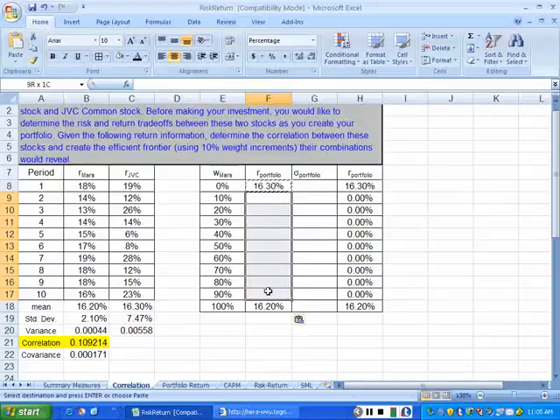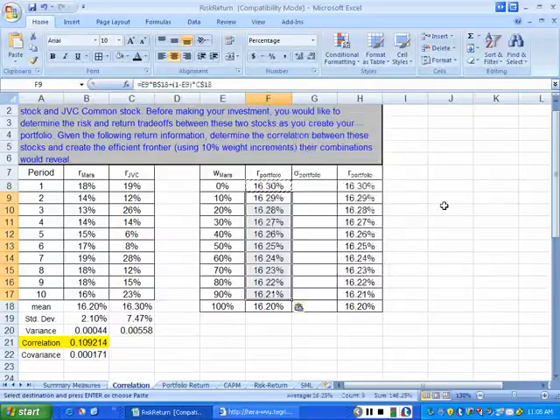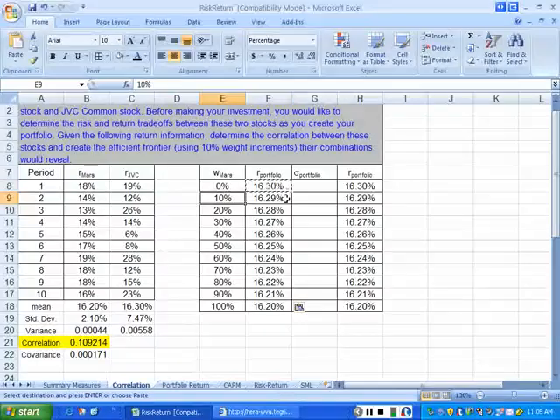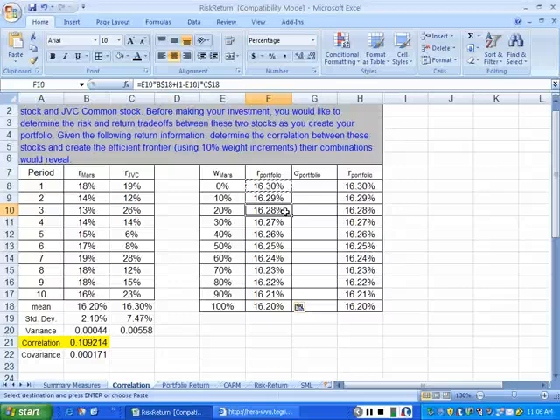And it's going to move in a linear fashion. So when I paste this in here, you can see every 10% increase in Mars is a small decrease in the return on the portfolio. So it keeps working down this nice linear fashion to go between the extremes of 16.3% and 16.2%.